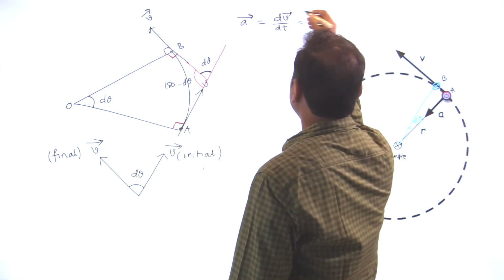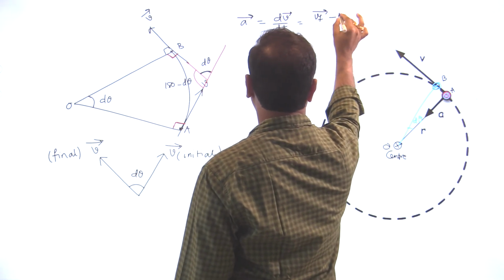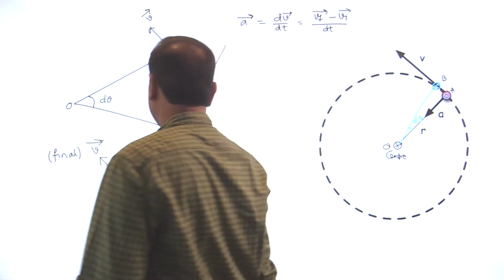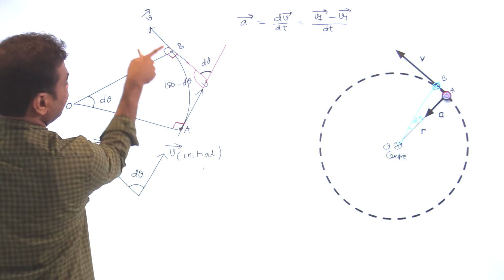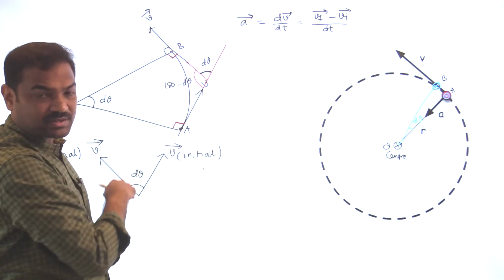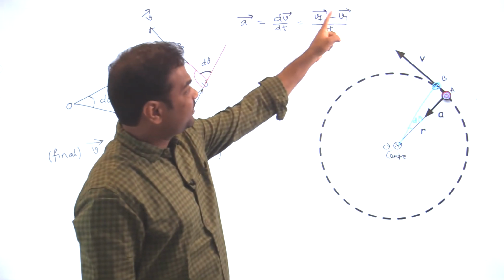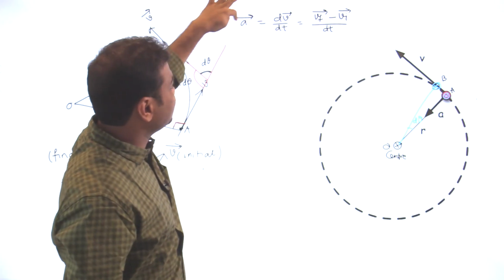Then dv bar I can write as final velocity minus initial velocity, by dt. The velocity at B point is the final velocity, and the velocity at A point is the initial velocity. Final velocity minus initial velocity by dt will be the acceleration. Then what is the direction of acceleration?